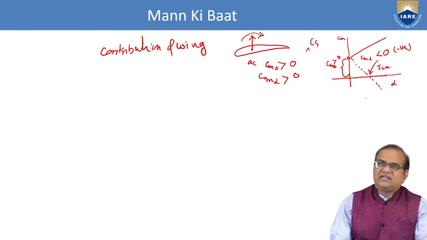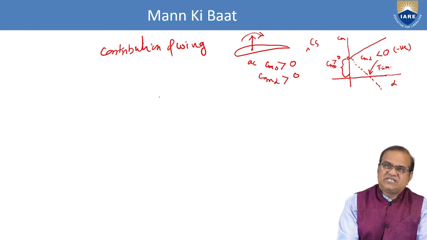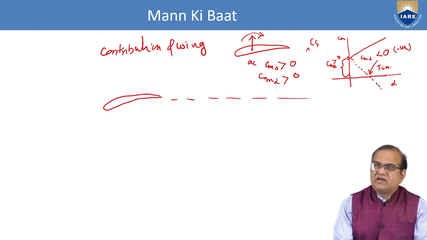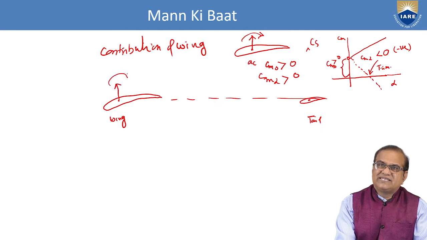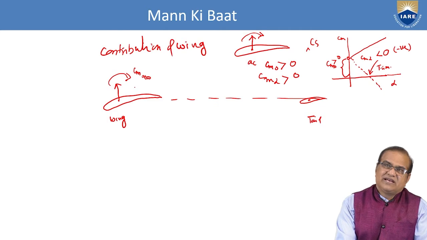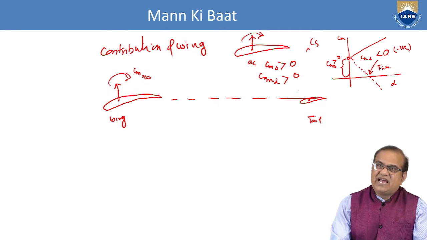To have this, we have seen that if this is the wing, we need to make a tail. This is the tail and this is the wing, and here in this direction Cm AC of the wing, and so we want a lift in this direction.